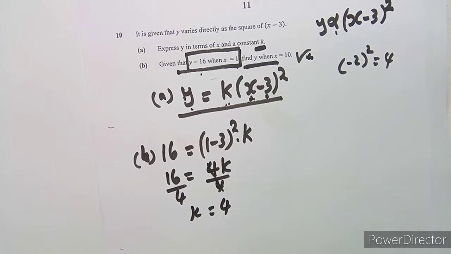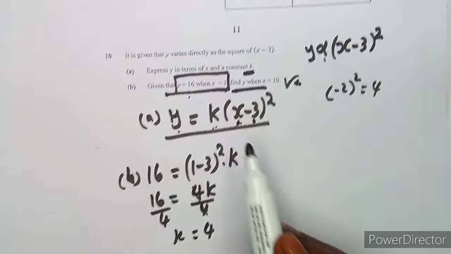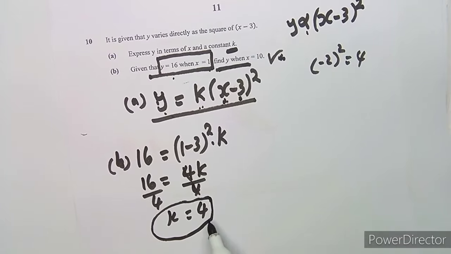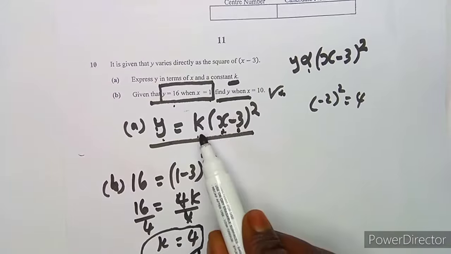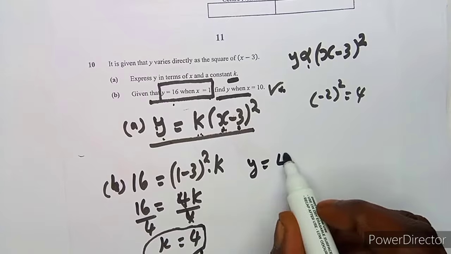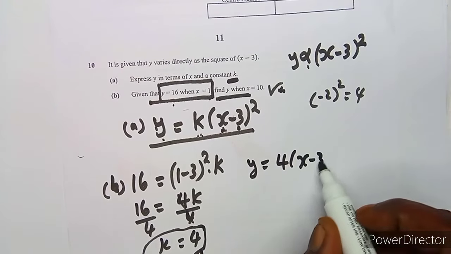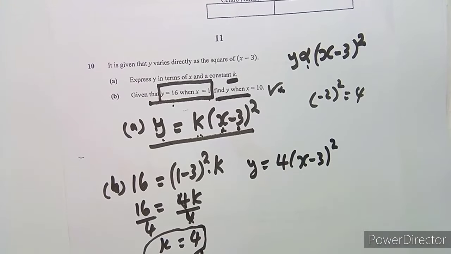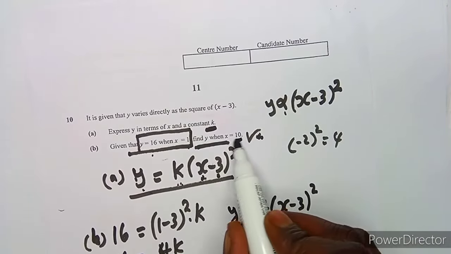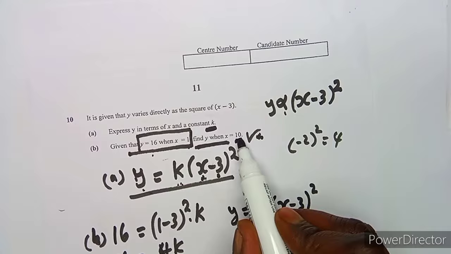But this is not what I'm asked to do. The question wants me to find the value of y. This just helps me, because I substitute this value in place of k, which gives y is equal to 4 into x minus 3 to the exponent of 2. It's now easier to calculate y, because at that moment x will be equal to 10.